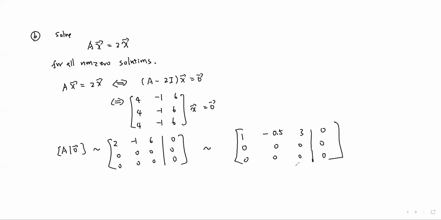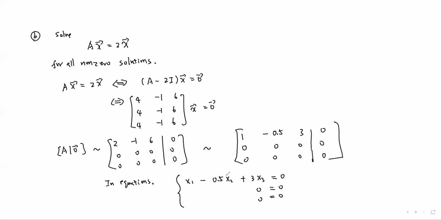Now, write the final matrix in equations. In equations, the final matrix is x1 minus 0.5 x2 plus 3 x3 is 0. That is the first equation. Second equation, 0 is 0. Third equation, 0 is 0.